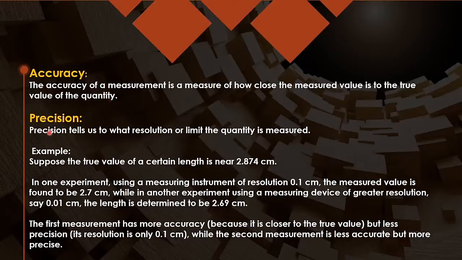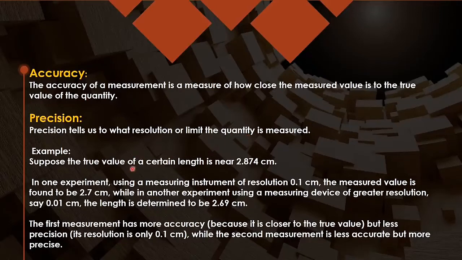But if I want to talk about precision, that tells up to what resolution or limit the quantity is measured. Like with the screw gauge or with the vernier calipers, if comparing these two, of course the resolution of the screw gauge or spherometer is more than the vernier calipers.